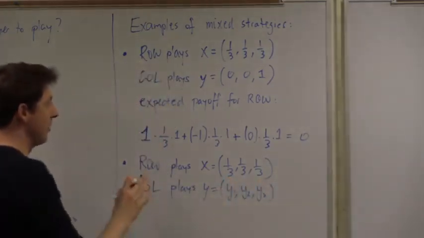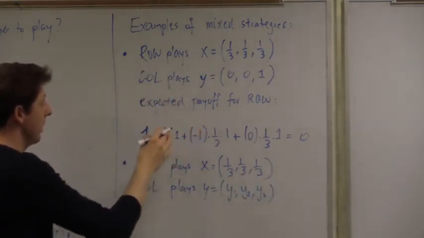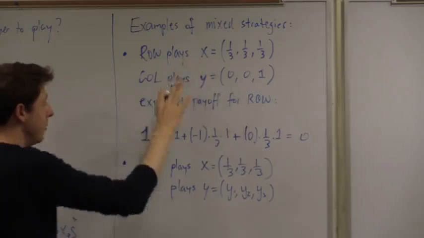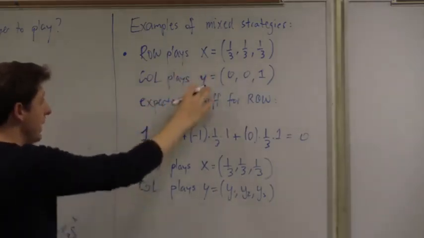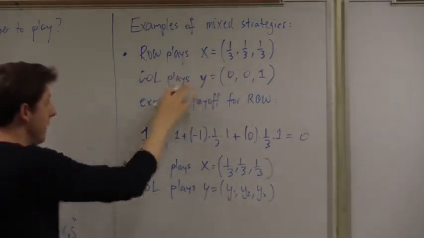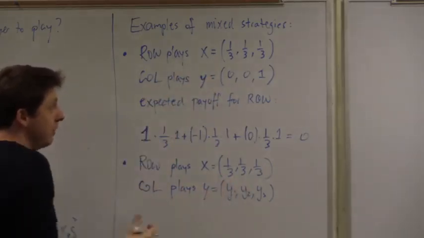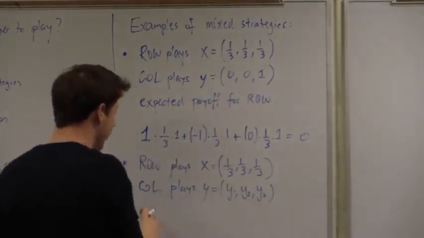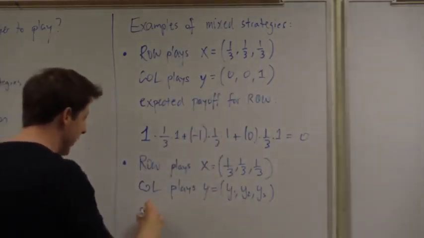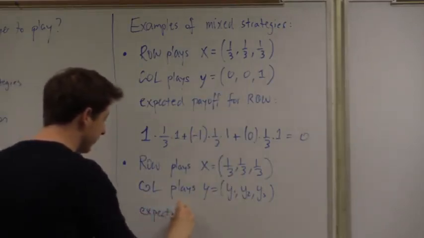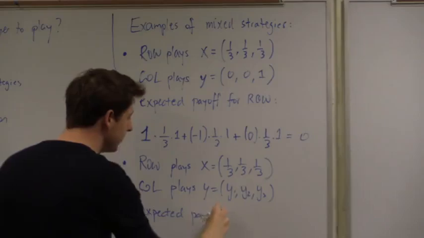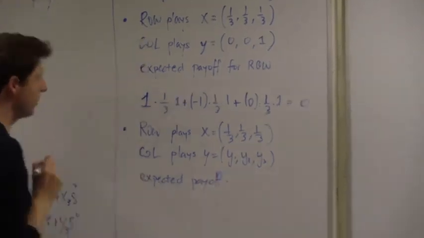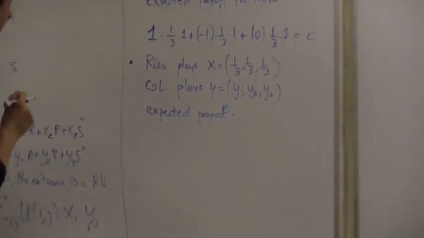So we're trying to do a similar computation where the row player still plays at random, but the column player plays a y that is generic. In particular, it could, for example, be the pure strategy on scissors, but it could be something else. Let's try to look at the expected payoff again. And at the end of this computation, something interesting will come out.